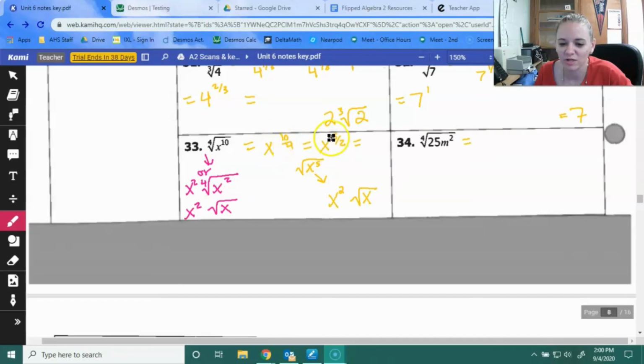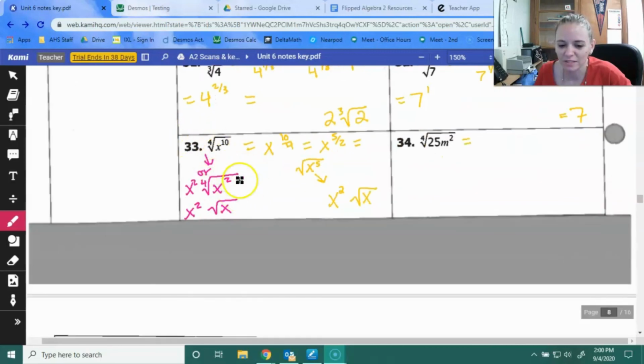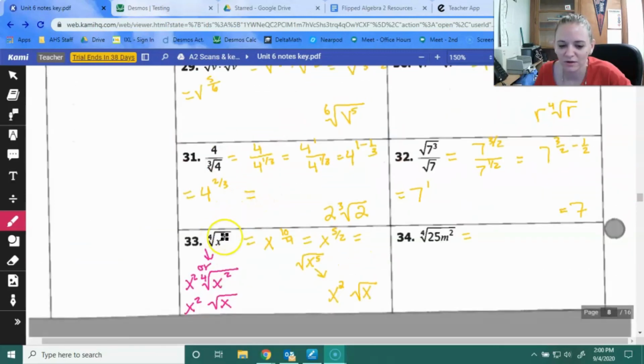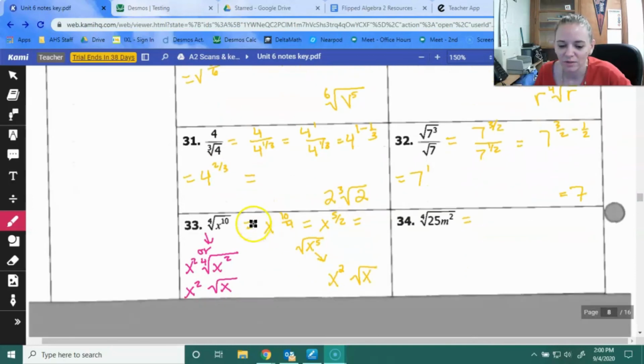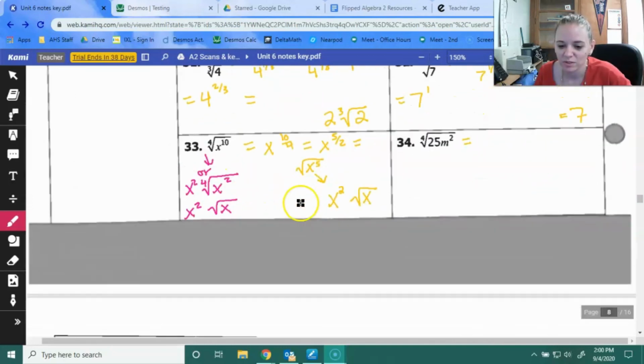A 10/4 simplifies to 5/2, and then you convert it back into radical, because that's ultimately what we were trying to do, is get it into radical. And so I see where that could have confused you if you were like, oh, it's already in radical form. But we can simplify it even more, like reduce these numbers. So that would give us x to the 5th, but we can take out groups of 2 from x to the 5th. We can take out 2 groups of 2, and then have 1 x left over.